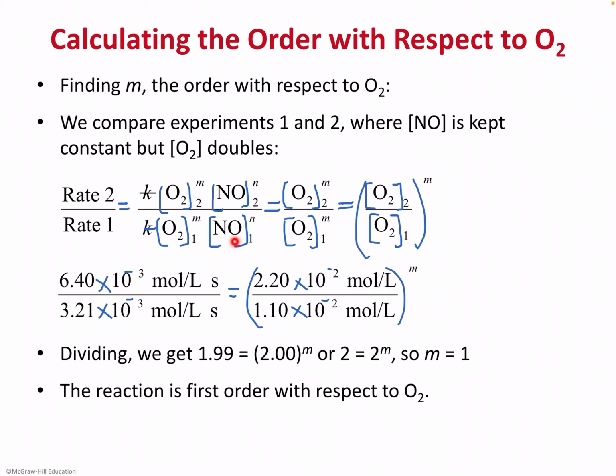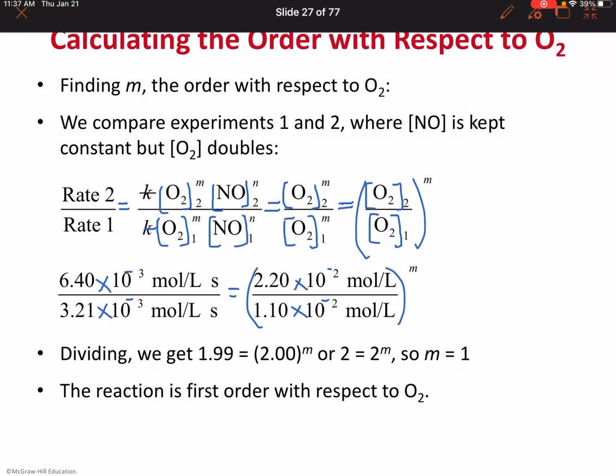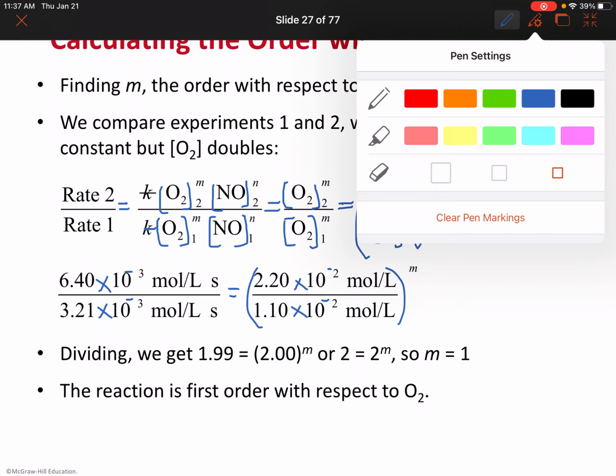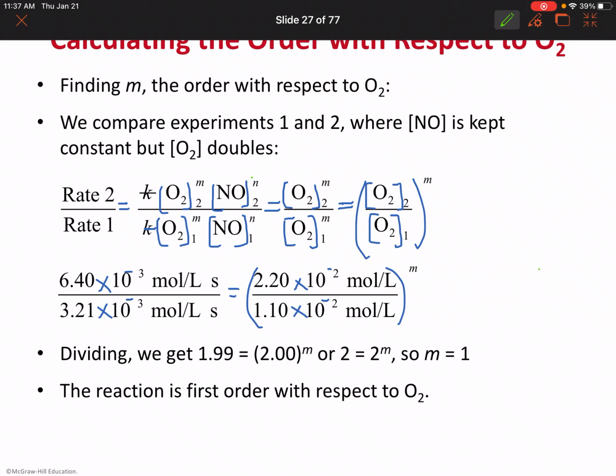And nitrogen monoxide we kept constant, so it gets cancelled. Rate 2 is 6.40 from the data table, and rate 1 is 3.21 from the data table, and the oxygen concentration for the second experiment is 2.2, the first one 1.1.